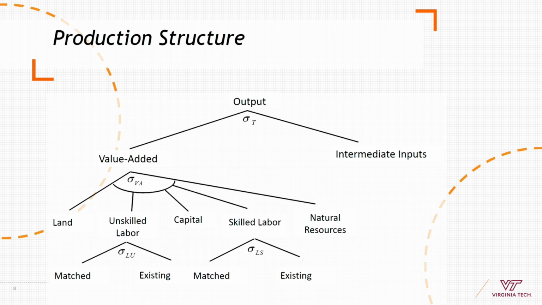What actually happens in manufacturing, we'll see in a little bit. For unskilled labor, their demand drops, so the wage rate for unskilled labor goes down. But it actually goes down a little bit more than matched labor, because matched labor is the national market, whereas the existing unskilled labor in manufacturing is sector specific.